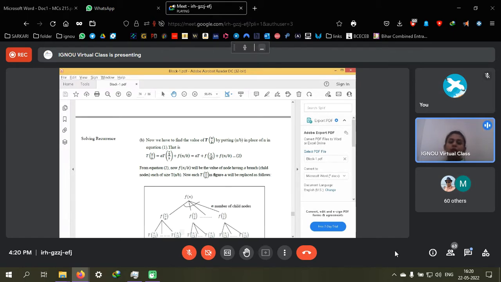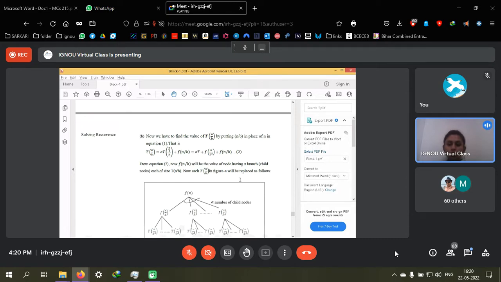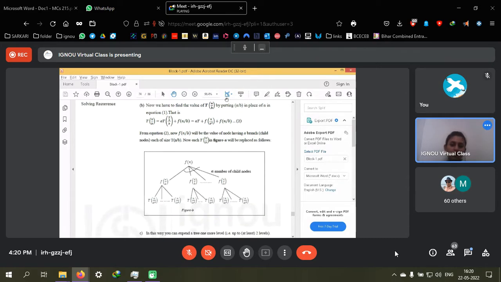So we will get the equation n divided by B square, and this is n divided by B. So here the root value is the F(n) value, that is n divided by B. And the children value is n divided by B square. So all the children values are n divided by B square. So this will be the second step of your tree.